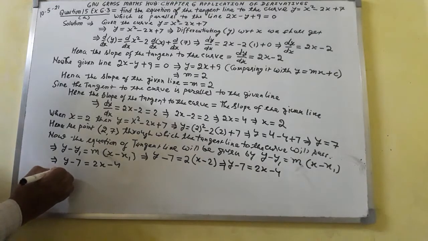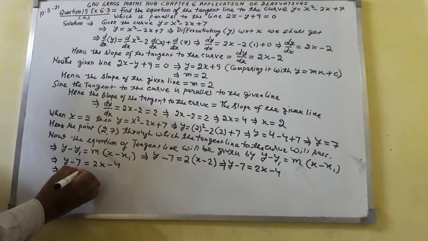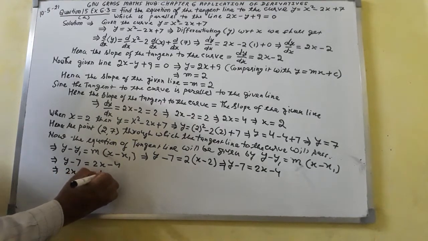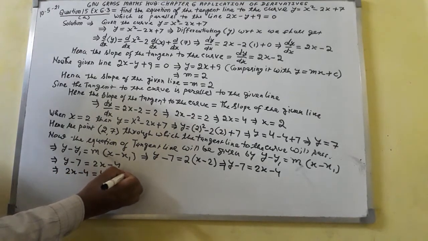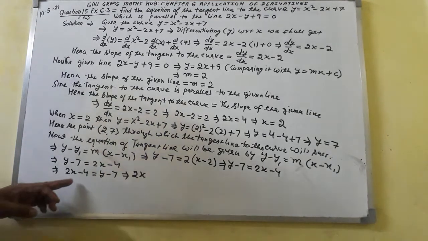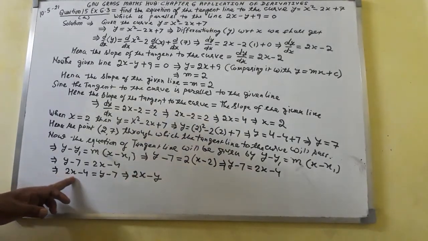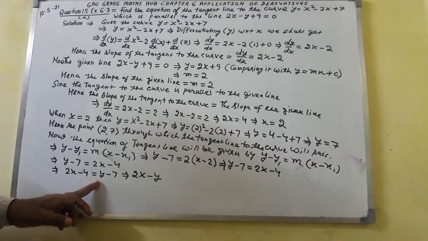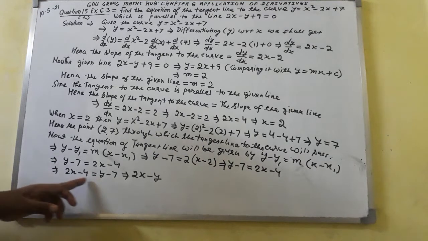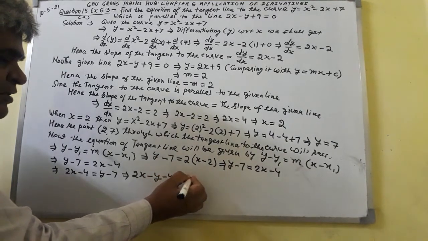So 2x minus 4 equal to y minus 7, implies that here write 2x minus y minus 4 plus 7 equal to 0.